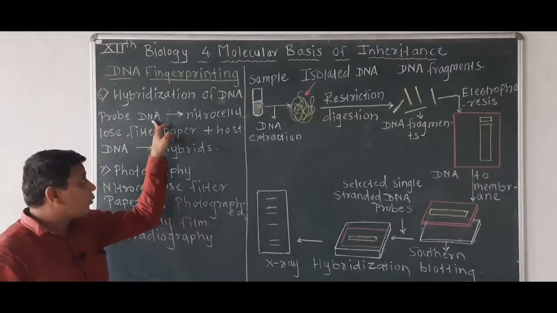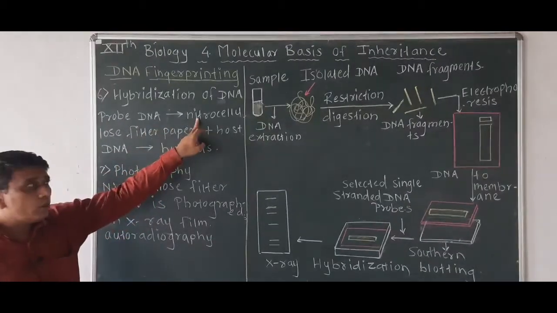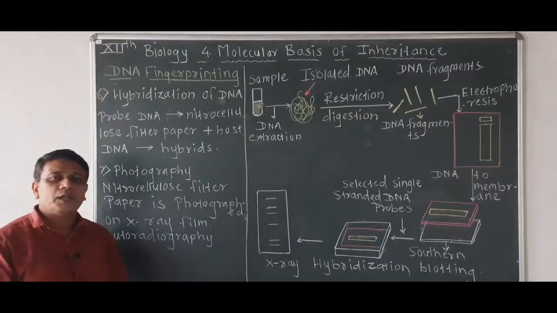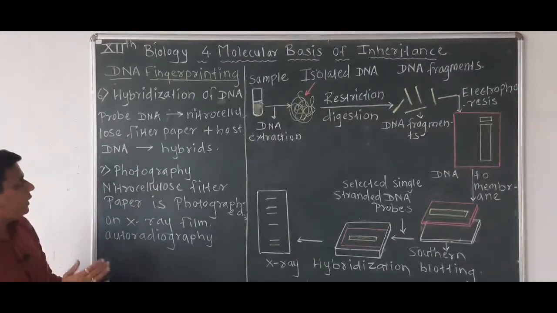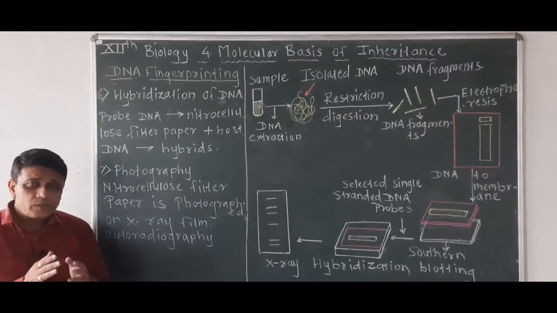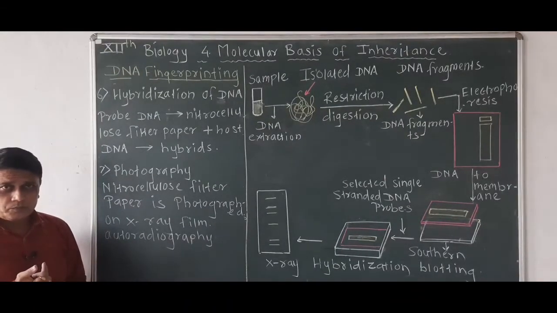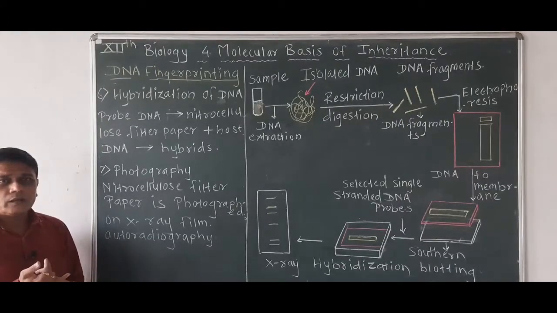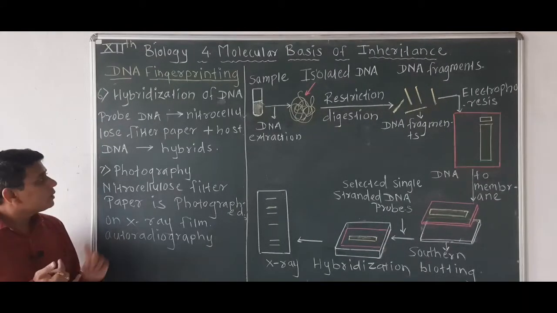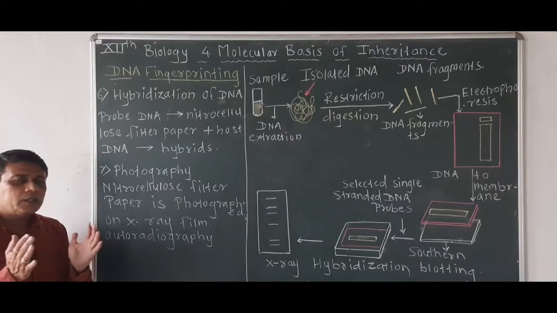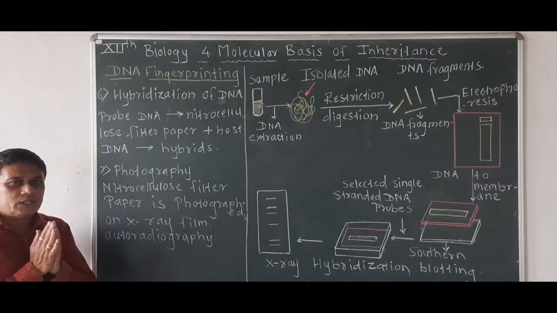So these DNA probes are added to the nitrocellulose filter paper, plus host DNA is also added, and then these DNA probes pair with the DNA of the host, or they get attached with each other.